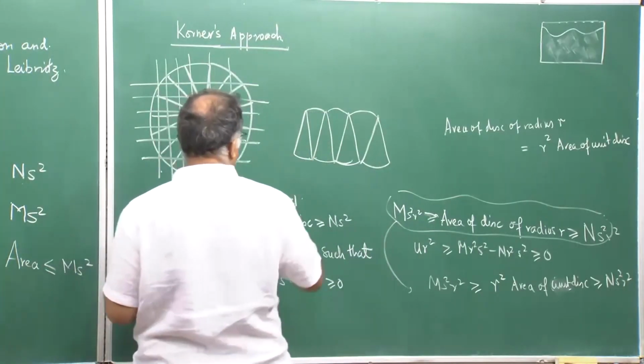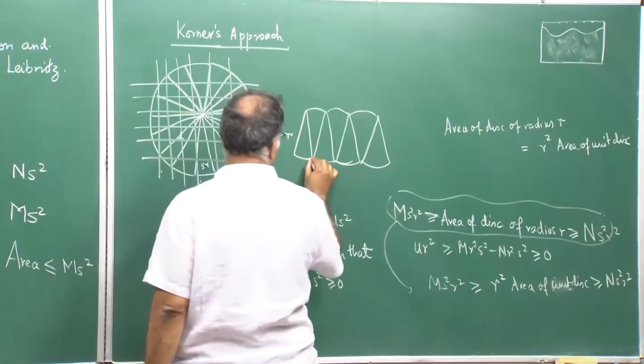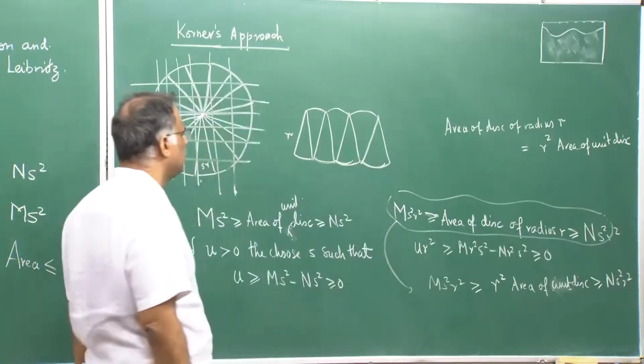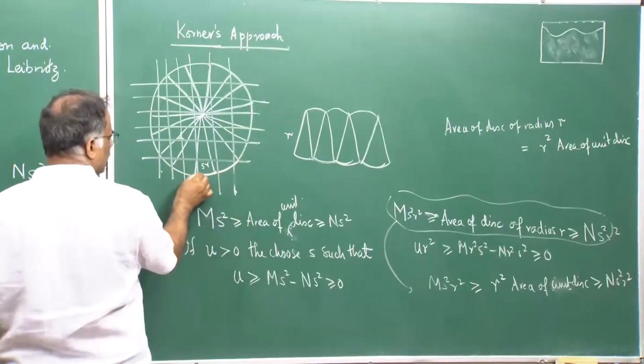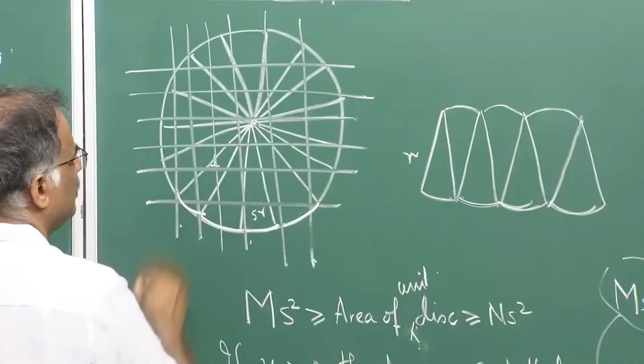So this is the length r, and what is this part? The bulge that you see comes from this part of the circle, these sides of the cake.